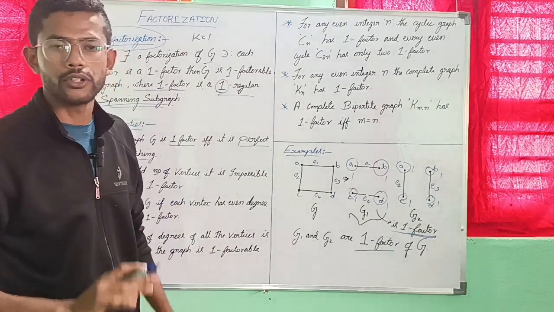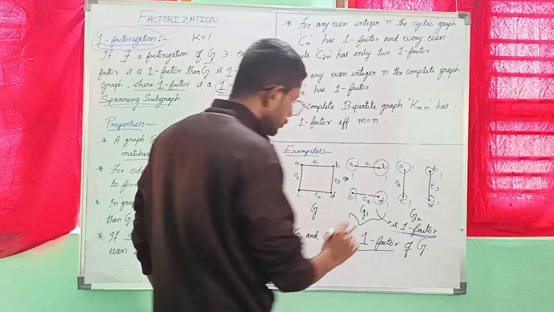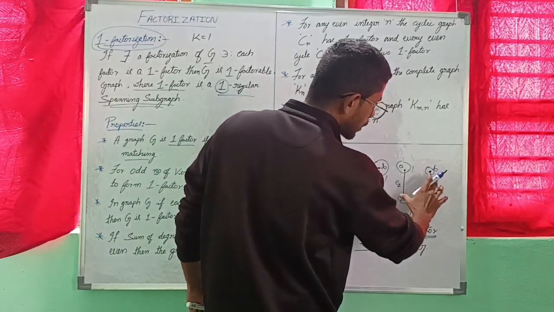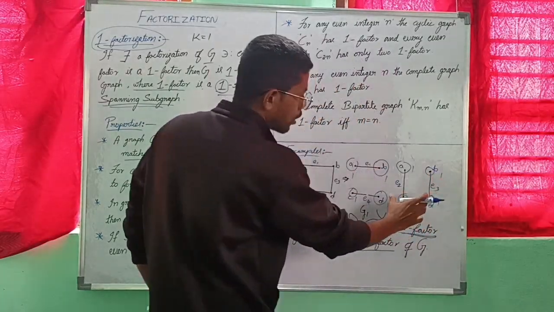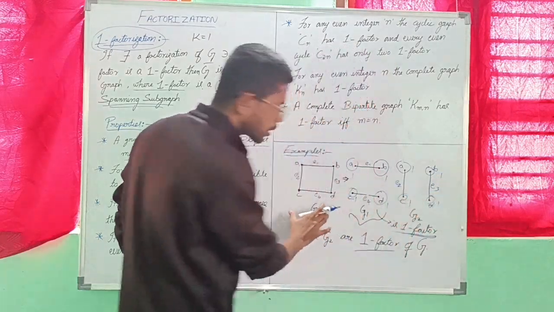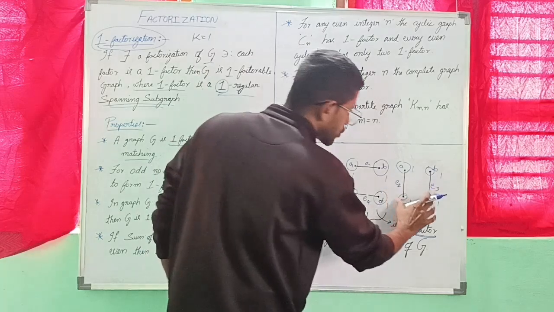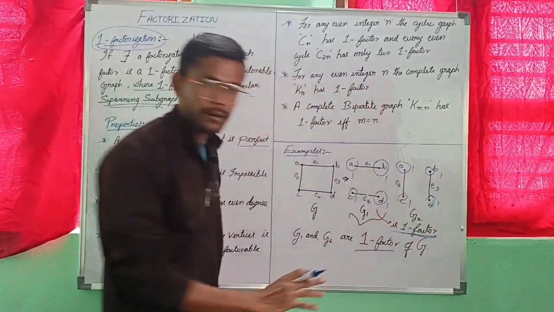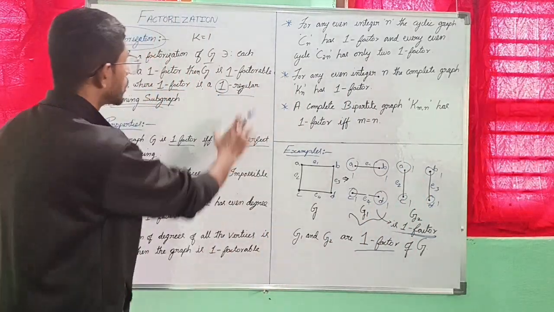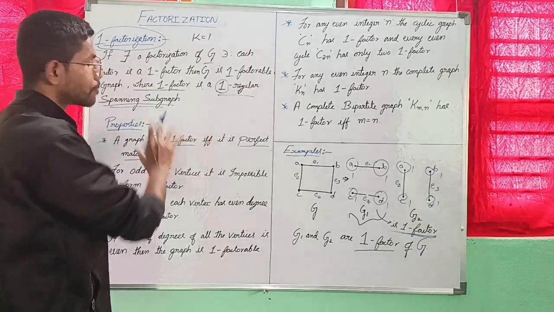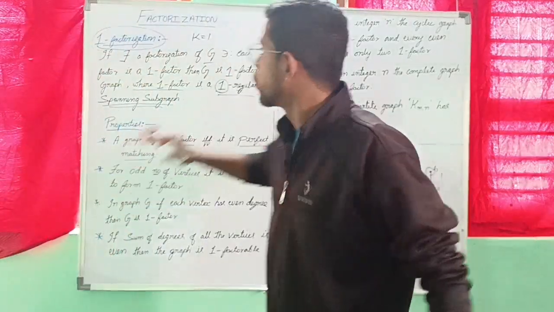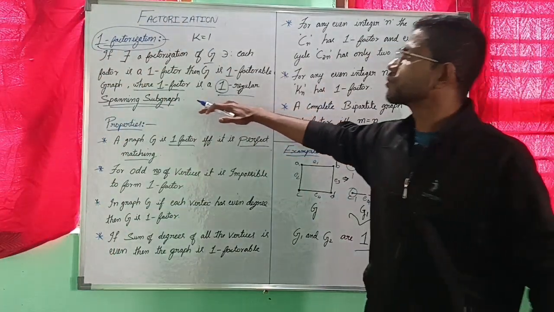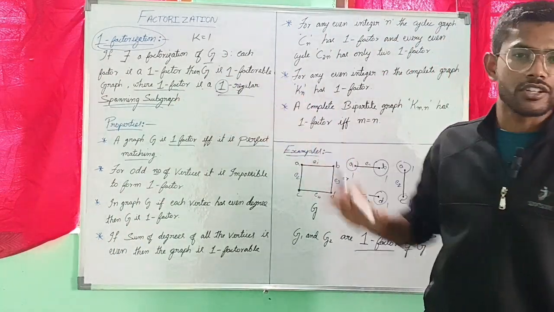It consists of the same number of vertices as graph G, has fewer edges than graph G, and the degree of all the vertices is the same, 1. So this is a one factor, a one regular spanning subgraph. This is the one factorization definition.